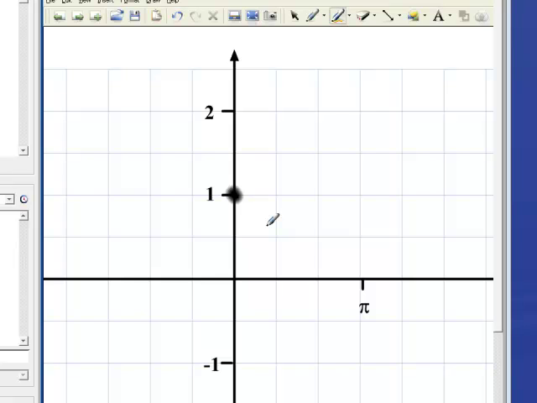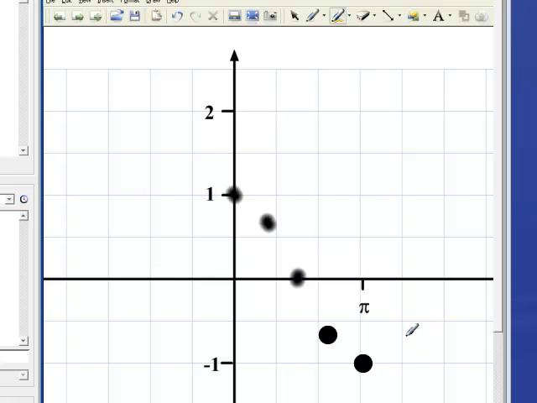Pi over 4 is virtually 0.8, so I'm about here, and then pi over 2 is going to be here at 0, and 3 pi over 4 is approximately here. Sorry about that. And negative 1 is going to be here. Oh well, either way the points come out.